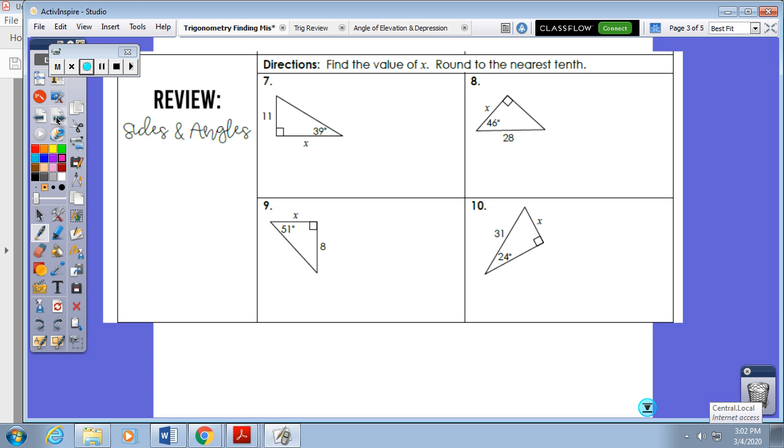Alright, let's take a look at reviewing our sides and angles. So we're going to find the value of x, round to the nearest tenth again. So again, you are using SOHCAHTOA throughout this. So I'm going to stand here, opposite, adjacent, hypotenuse. Since I have the opposite, I'm looking for the adjacent. That's going to be tan.